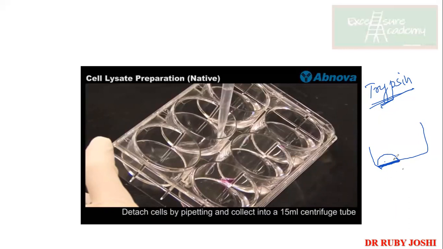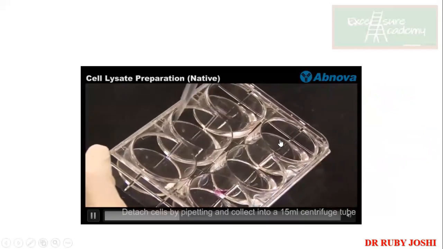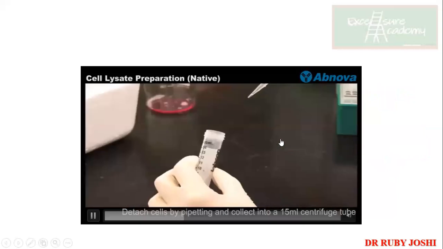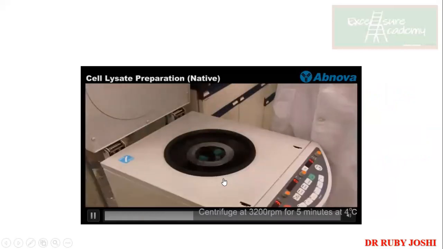So what will happen now? The cells are present in the suspension. Now it is put into the centrifuge tube, into the centrifuge.